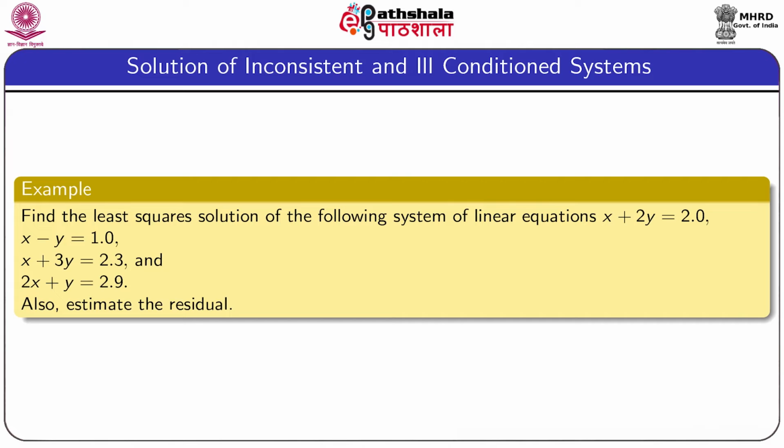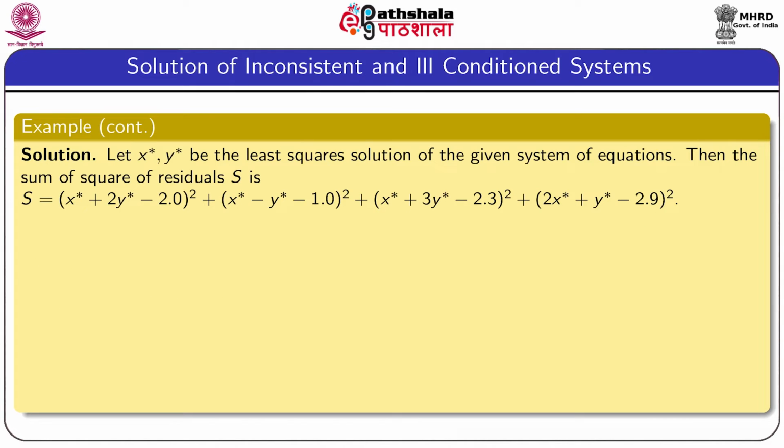Now we consider another system of equations, which contains 4 equations and 2 variables, and we have to determine the sum of square of residuals. Let x star and y star be the least square solution of the given system of equations.